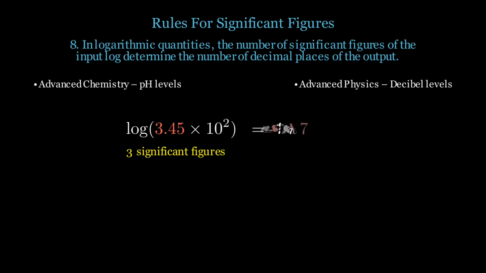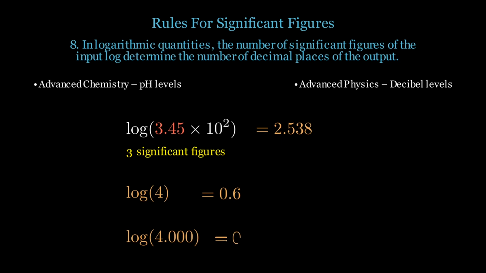The number of significant digits in the original number is 3. So when expressing the log in decimals, it should have 3 decimal places, so we have to write that as 2.538. Similarly, log 4 with one significant figure should be written as 0.6 and log 4.000 with 4 significant figures as 0.6021.